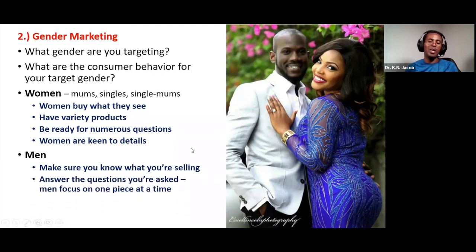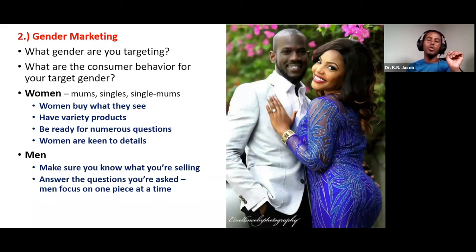Number two, answer the questions you are asked. Don't answer more than you are asked when you're dealing with men. Men tend to focus on one piece at a time. If men come to your shop and they're buying clothes, and for me, if I go to the shop and I'm looking for a sweater, it doesn't matter what else is in the shop, I will not pick it. I will go specifically pick that sweater and leave the shop.